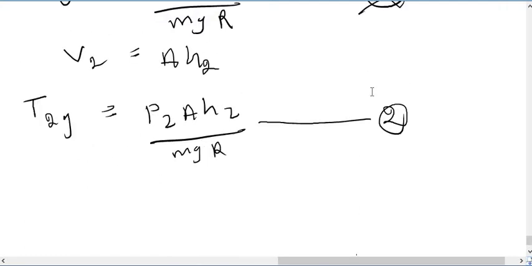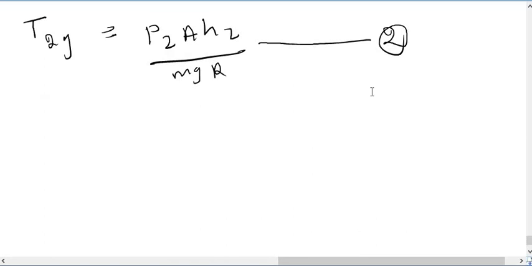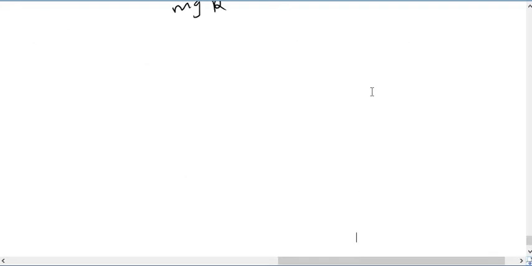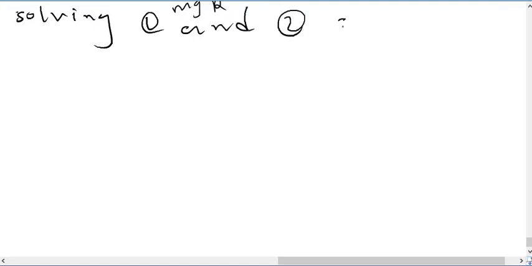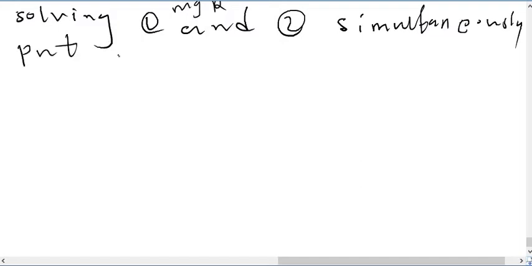So we can solve equation 1 and 2 simultaneously. So we put equation 2 in 1. Whenever we see T2, we substitute it by equation 2.